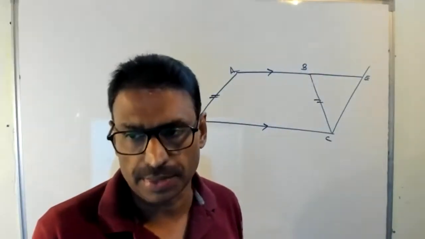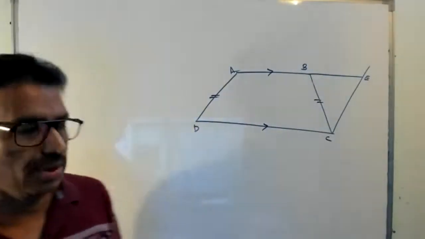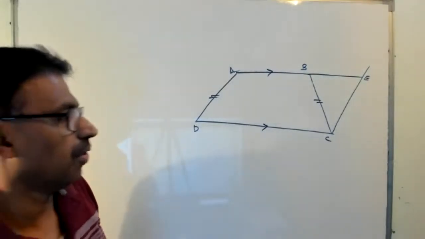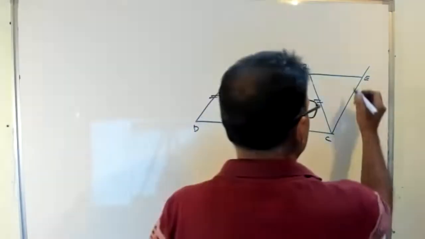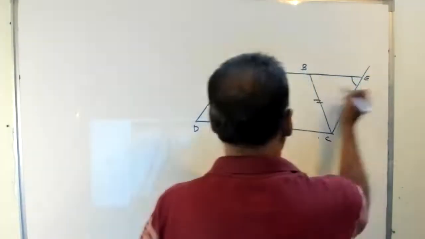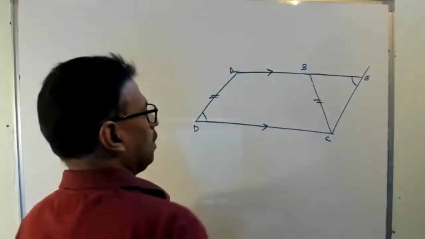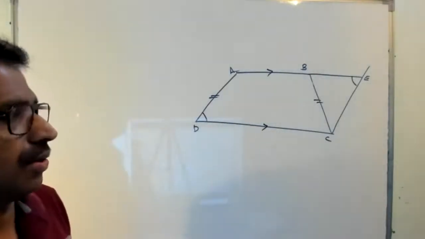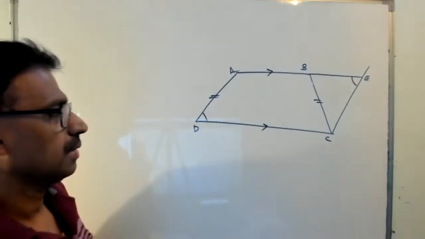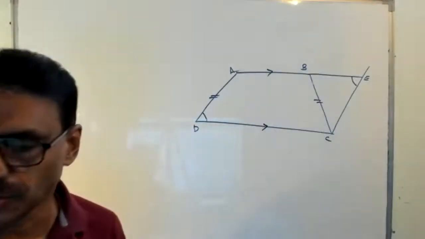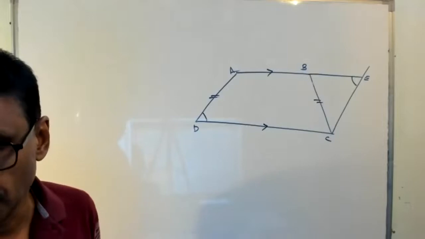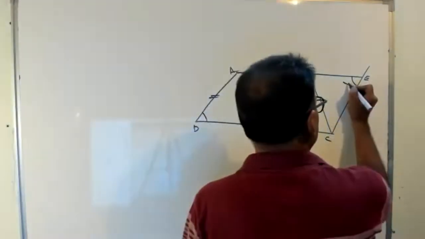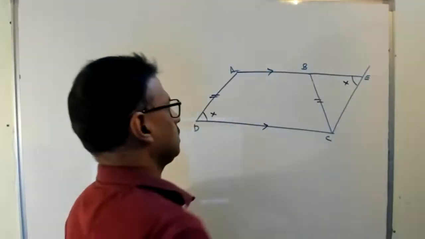It is a parallelogram because opposite sides are parallel. Therefore angle E equals angle D. Correct? Yes, in a parallelogram opposite angles are equal. I call this X. This also X.